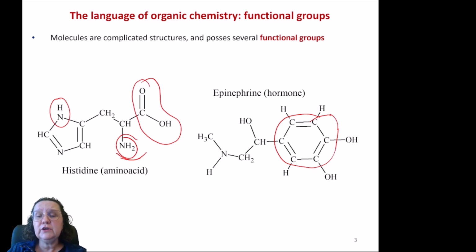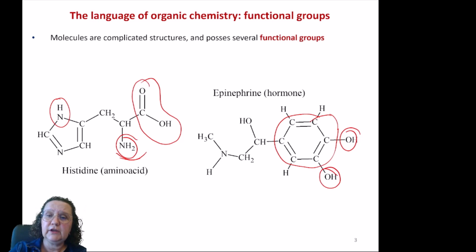However, I spot other groups in my molecule, like for example these ones, OH, OH, those are hydroxyl groups, those are alcohols. And hydroxyl groups, alcohols, are soluble in water. So actually that might help the solubility of that molecule because those OHs, those hydroxyl groups, can interact with water. And I also spot the nitrogen that we had before, an amino group.